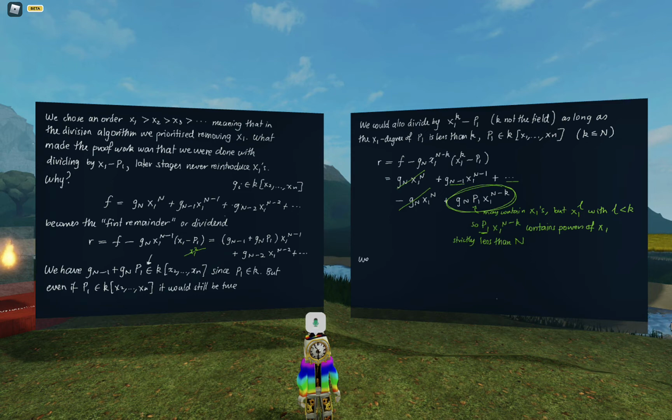So we can continue until the remainder in the last step has x1 degree less than k, and then we have to stop. But then if I had another polynomial, say x2 to the L minus p2, we can then divide by that and so on.